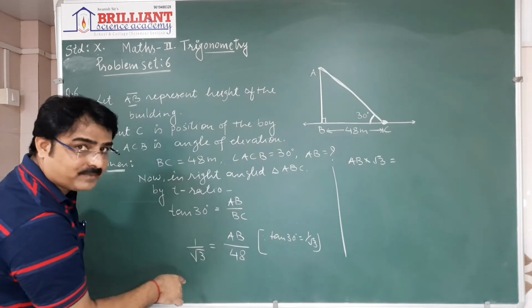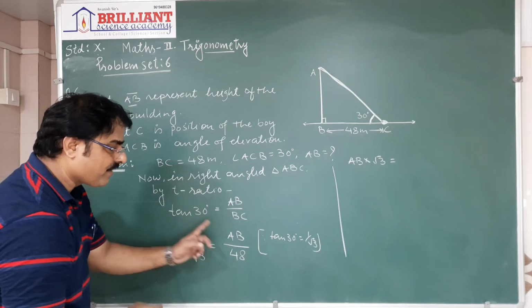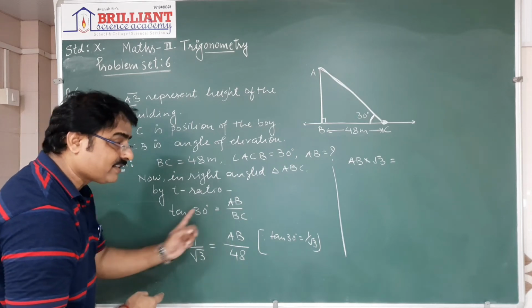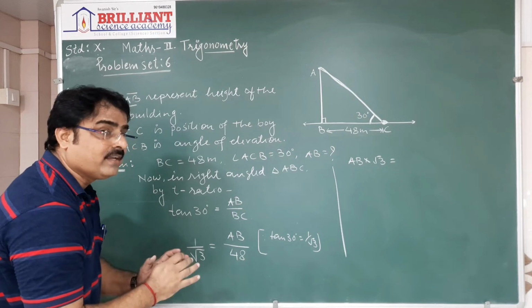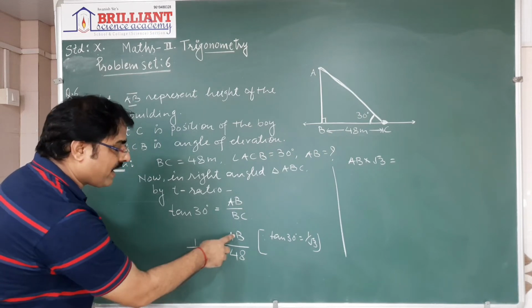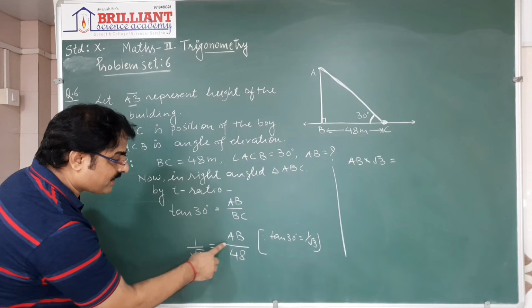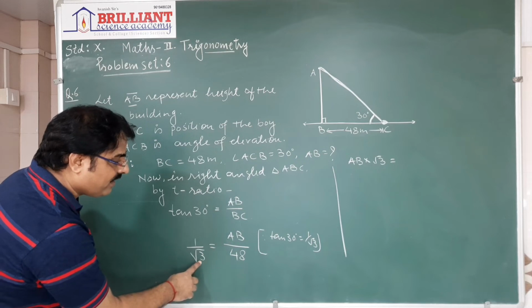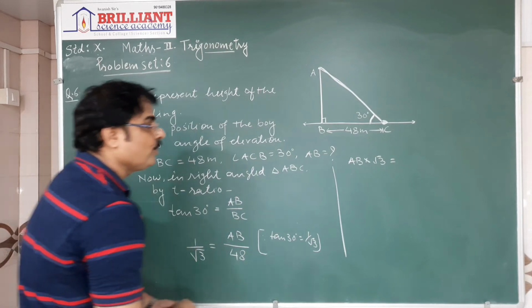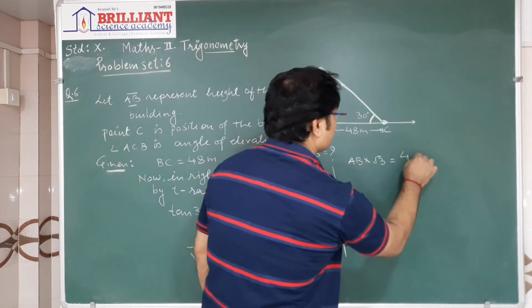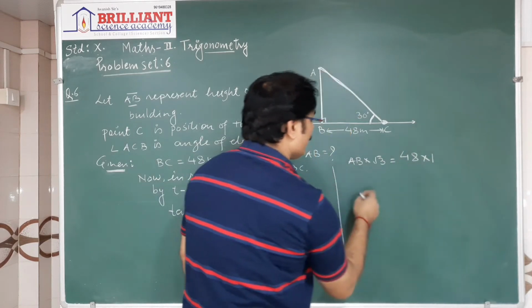By cross multiplication we will find the AB from this relation. इस relation से हम लोग AB कैसे find out करेंगे? By using cross multiplication. So AB into root 3 is equals to 48 into 1.